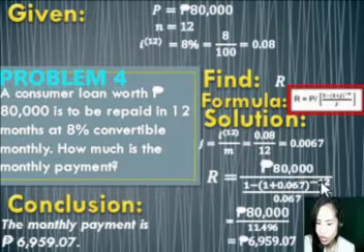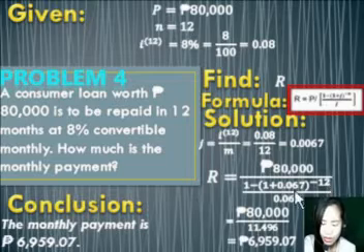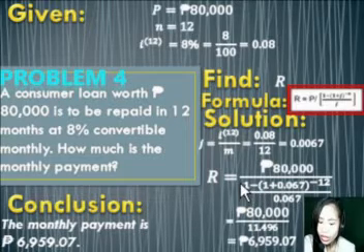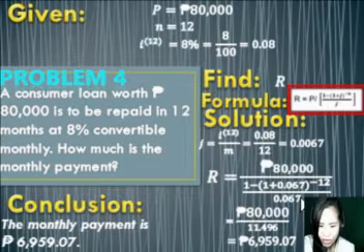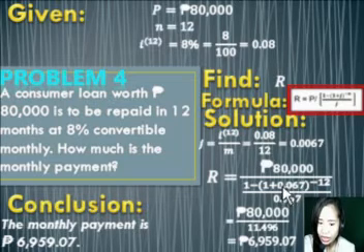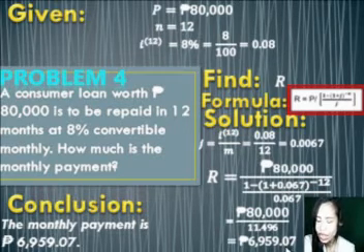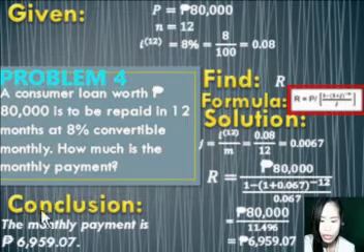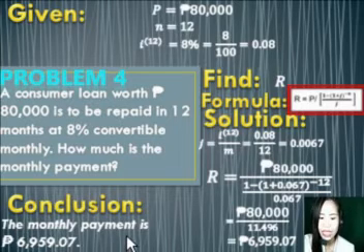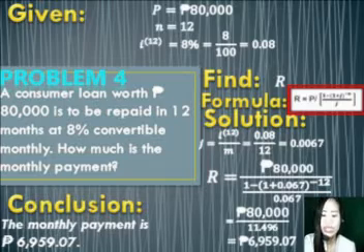After you raise it to the power of negative 12, subtract it from 1 and divide by 0.0067. Then 80,000 divided by that answer is 6,959 pesos and 7 centavos. So, in conclusion, the monthly payment is 6,959 pesos and 7 centavos.